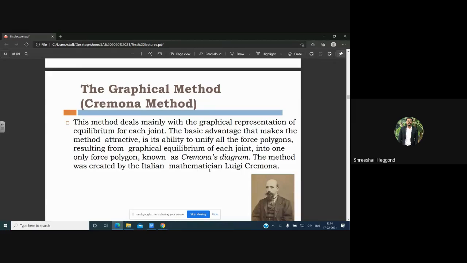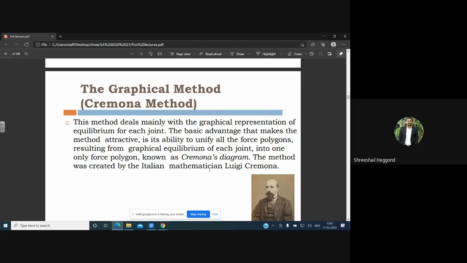The basic advantage of this method is the ability to unify all the force polygons resulting from graphical equilibriums of each joint into only one polygon known as a Cremona diagram, or the graphical representation of forces.